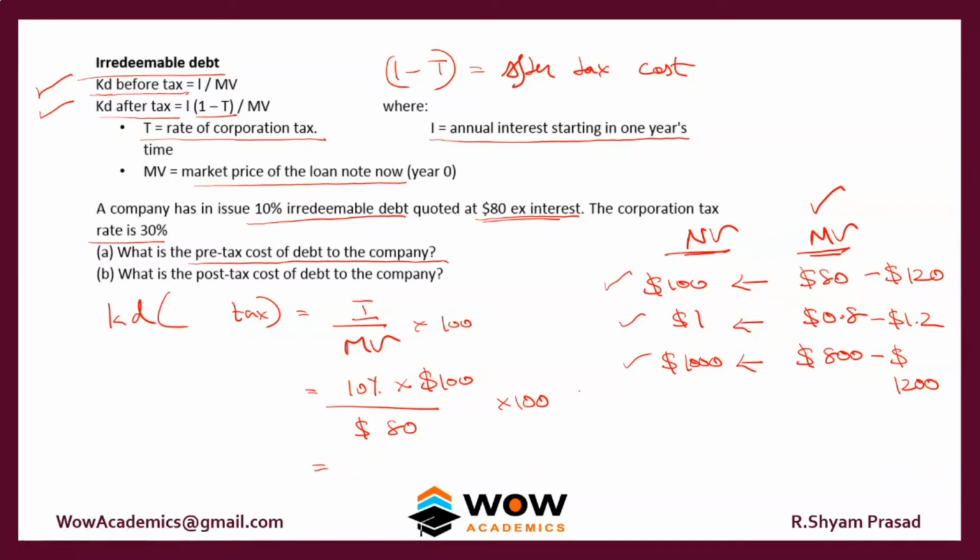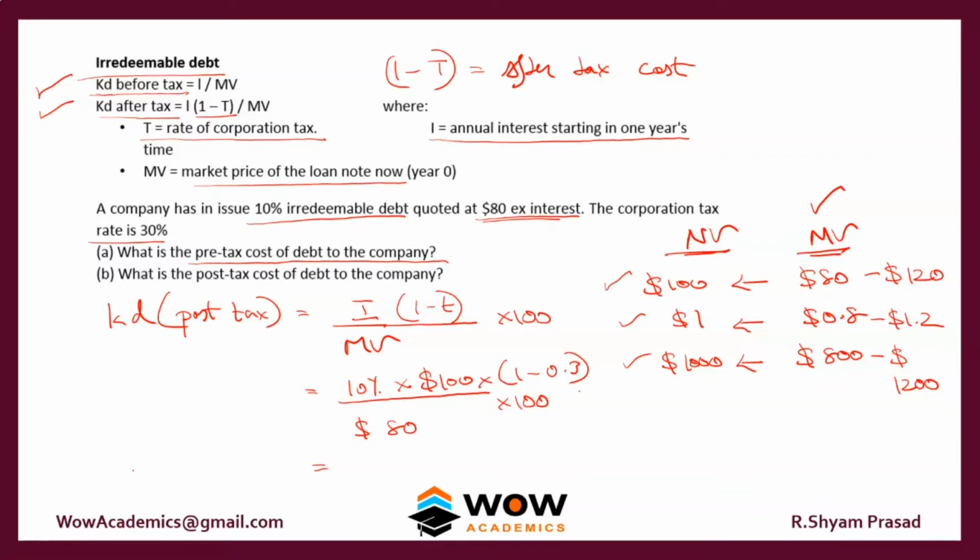In post tax, we take the tax benefit into account. So the formula works like this: I into 1 minus T, entire thing into 100. In this formula, T is 30%, so we'll take it as 0.3.